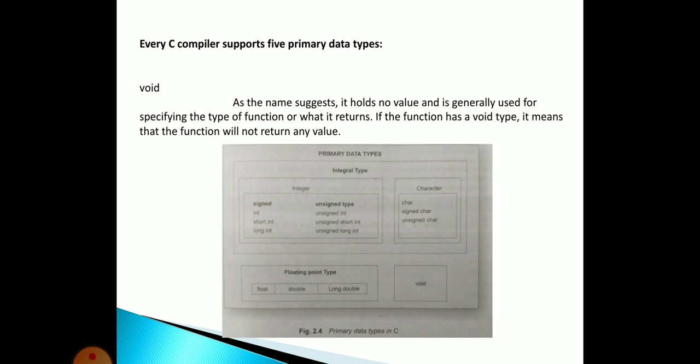If the function has a void type, it means that the function will not return any value. It is also a primary data type used to represent that the function returns no value.